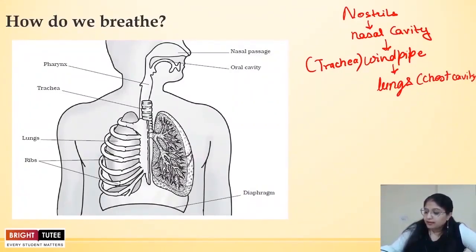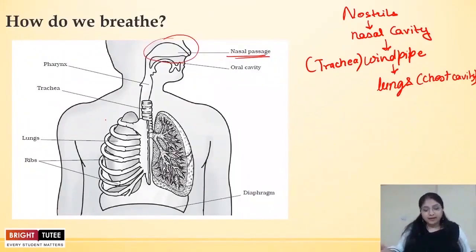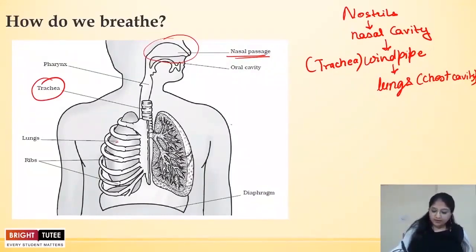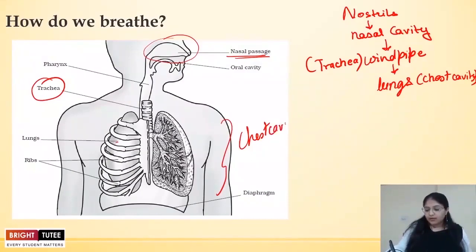Now, if we look at the diagram over here, we can see this is the nasal passage, or the nasal cavity. Then we have the trachea, that is your windpipe, and then we have the lungs present in the chest cavity. There is another important part marked over here, the diaphragm.